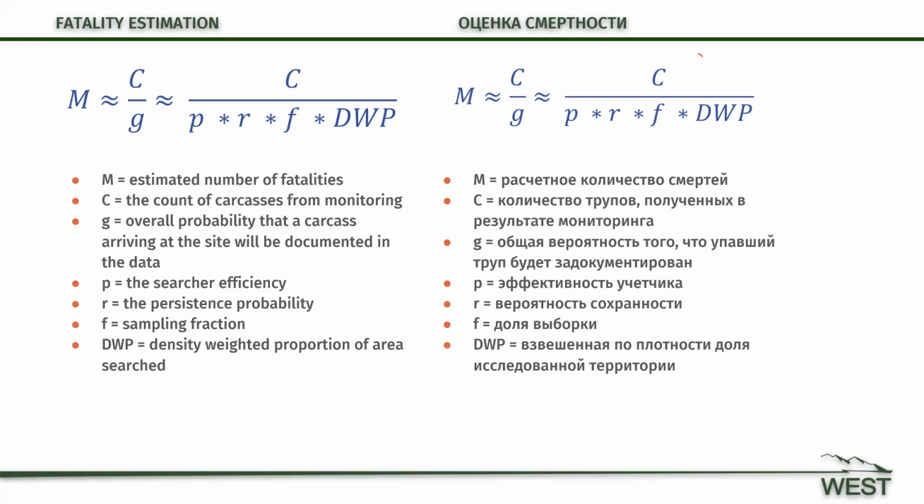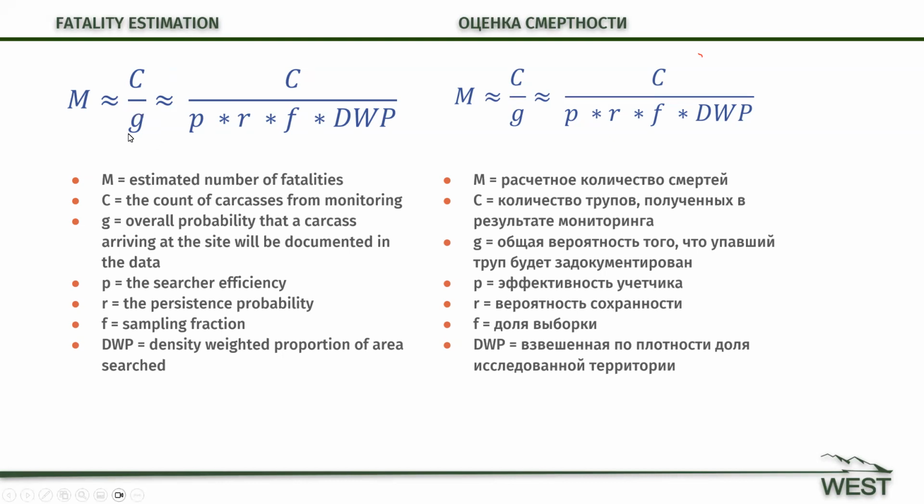And that detection probability G, and I've got squiggly equal signs here, this is not an exact equation, but it's a very good approximation to the equation that GenEst uses. The one that GenEst uses is very much more complicated. But this is a good conceptual framework to think about what that software is doing.